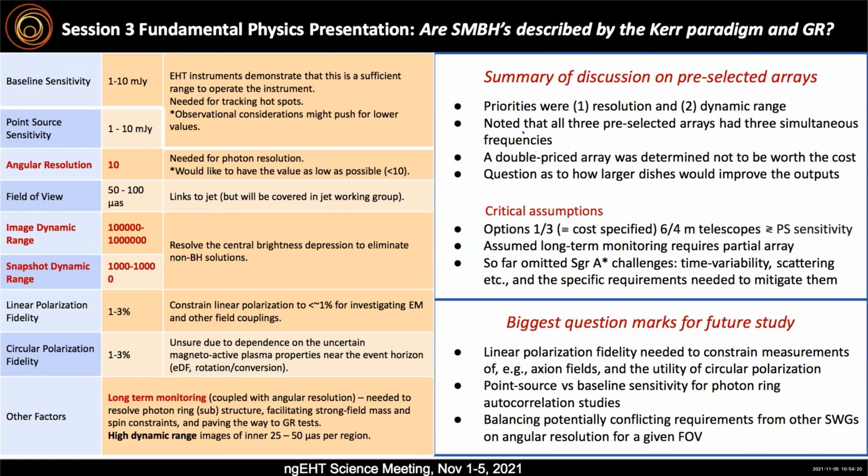Yeah, Alexander, go ahead. Okay, it's a fundamental question. I dislike supermassive black holes because it's very uncertain. If you assume that it's really the Kerr paradigm, it's a strange question.